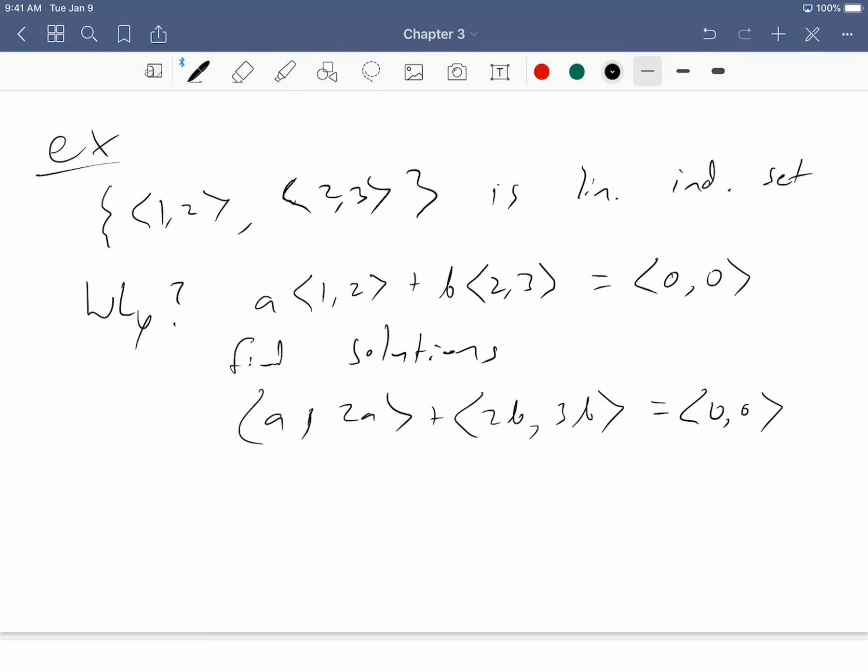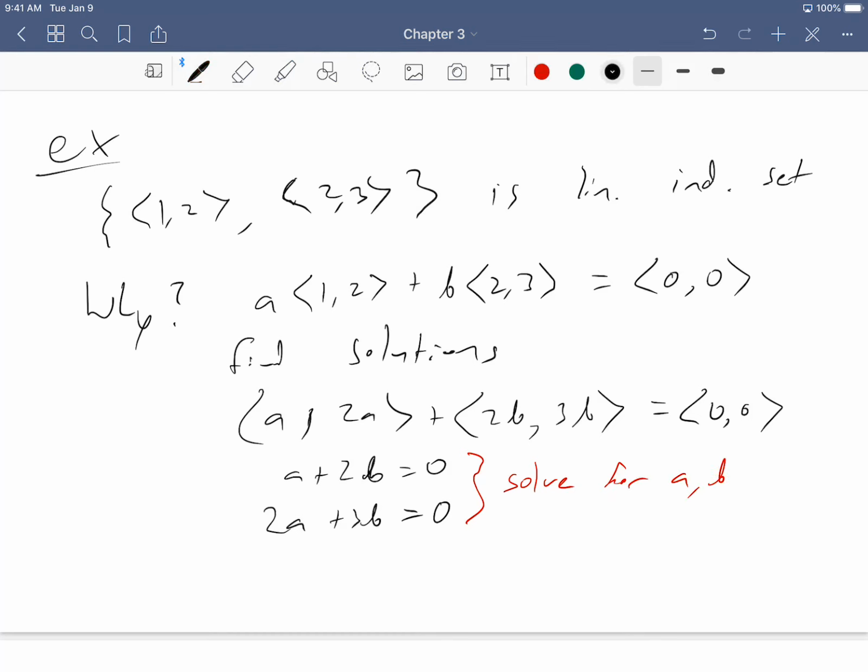And if I add those vectors and equate the components, I have A plus 2B as my first component equals 0, and I have 2A plus 3B equal to 0. Now I have a linear system of two equations, and I'm going to solve for A and B.